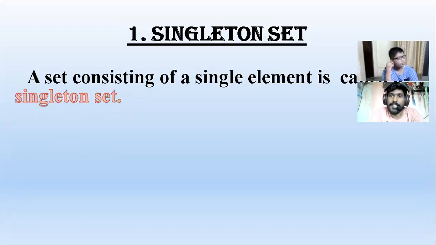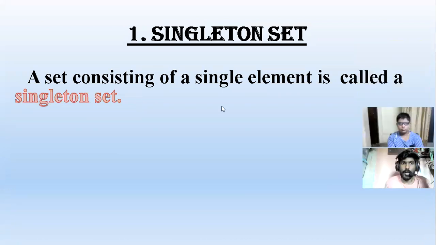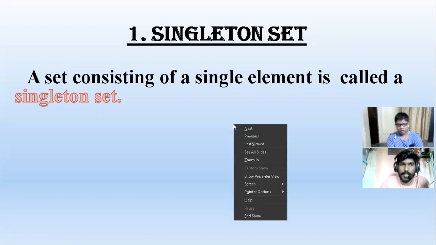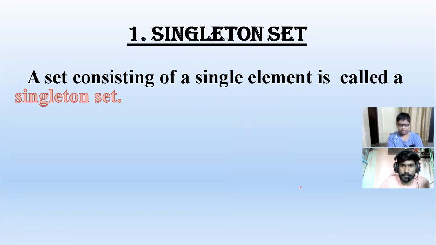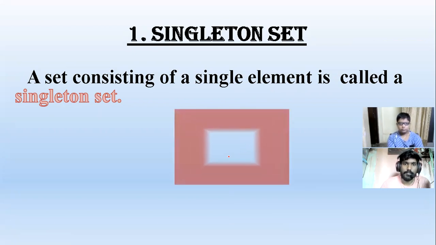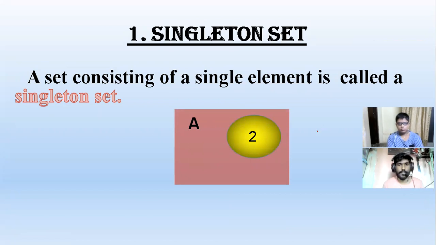So singleton set. As the name says, singleton. What does single mean? One. Just one. Alone. So a set consisting of a single element, just one element, is called a singleton set. If this is set A, this is just a picture notation of a set.